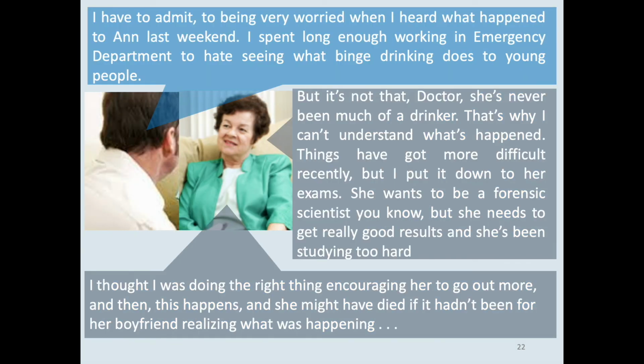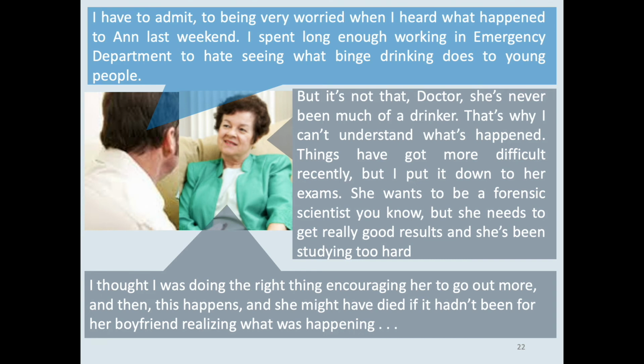I have to admit to being very worried when I heard what happened to Anne last weekend. I spent long enough working in emergency department to hate seeing what binge drinking does to young people. But it's not that, doctor. She's never been much of a drinker. That's why I can't understand what's happened. Things have got more difficult recently, but I put it down to her exams.